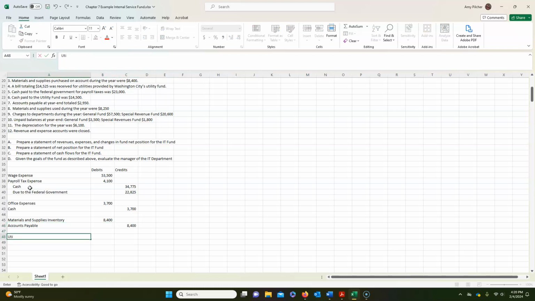Now our utility expense of $14,525. Because we received that from another government entity, it is due to other funds instead of cash or accounts payable.